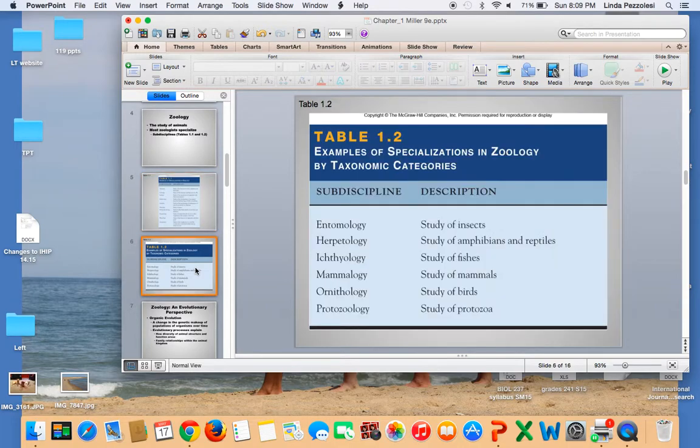Also, specializations within zoology can be categorized by taxonomic categories, like entomology, which is study of insects. Mammalogy is pretty obvious. Ornithology is a more commonly heard term. That's the study of birds.